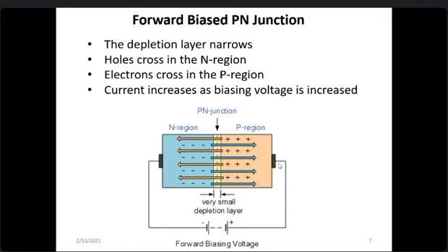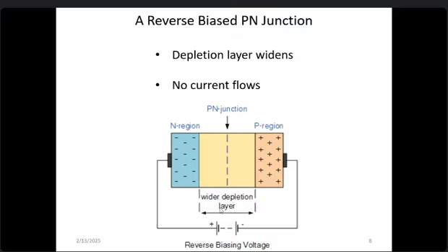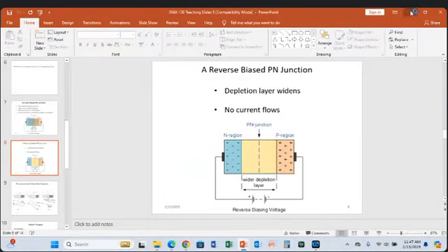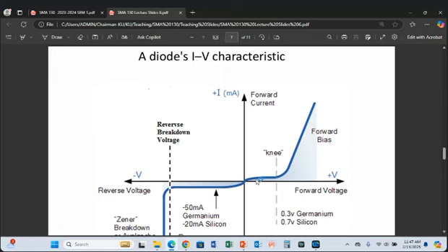Likewise, that same voltage is able to make electrons cross the depletion region. So when we start increasing the voltage across the PN junction, initially very little current flows, but eventually we must overcome the barrier potential for current to flow.